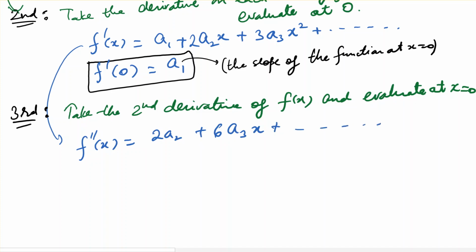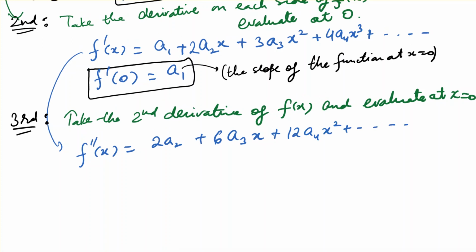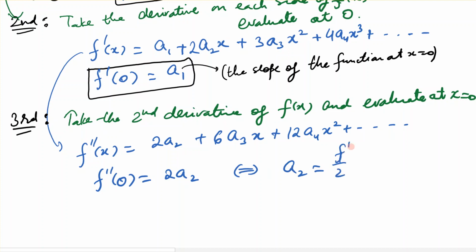Putting x equal to 0, we get 2a2. In other words, a2 is equal to half of the second derivative value at 0.